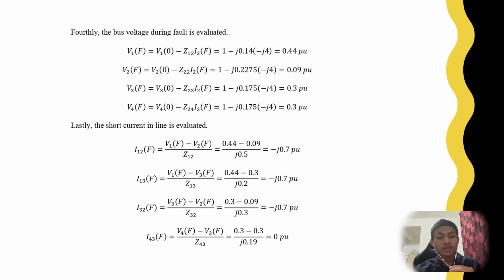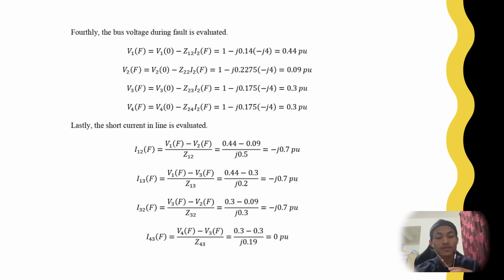Then we can find the line currents during the fault by substituting the bus voltages into the equation Iij equals ViF minus VjF over Zij. After substituting, we got the line current I12 equal to minus j0.7 pu.